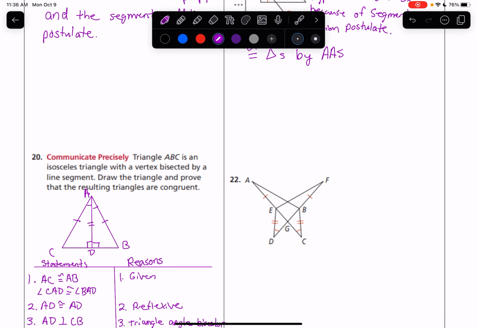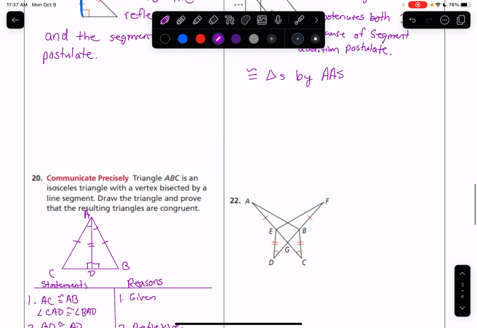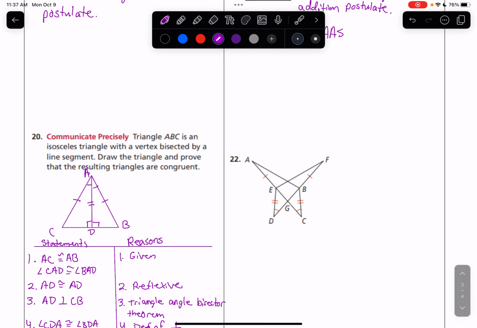Number 22. Here we do have some letters. We don't have all the letters. We want to show that which triangles are congruent. It says prove that each pair of triangles are congruent, but it doesn't tell us which pair. That's interesting. So I could go a bunch of different ways with this one. Which one do I want to show as being congruent?